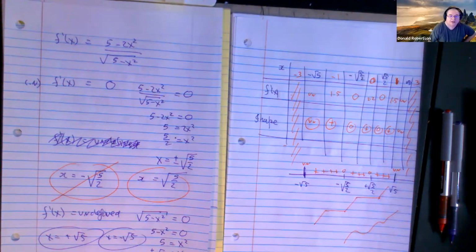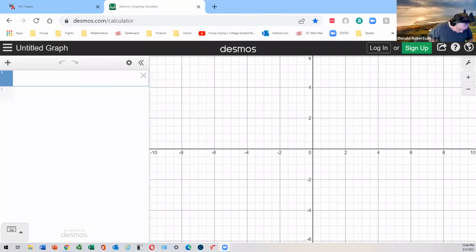Right, okay, let's click over and see if the original function, which is this one, has this kind of climbing snake shape. I don't know what else to call it.